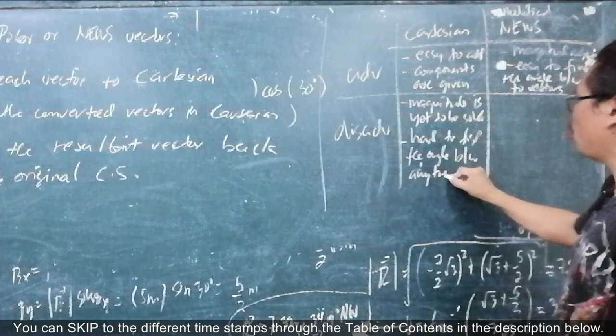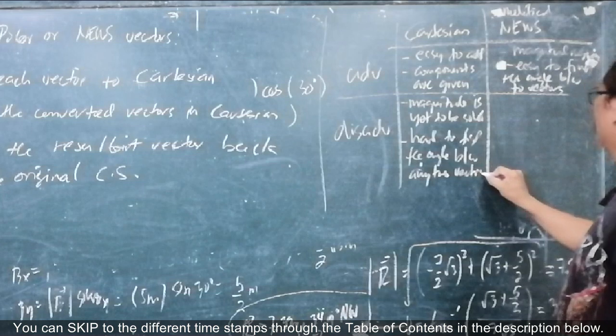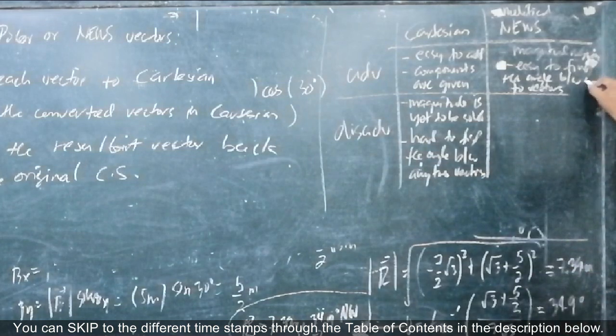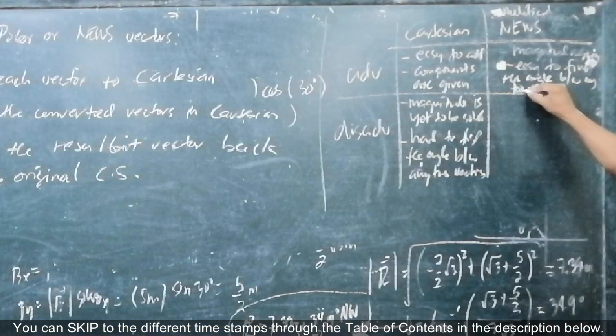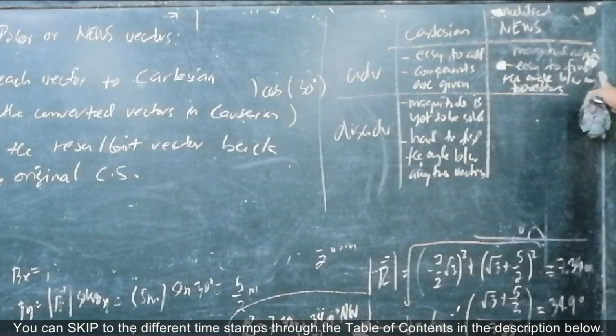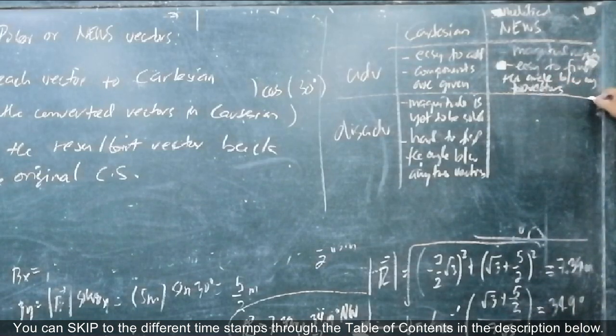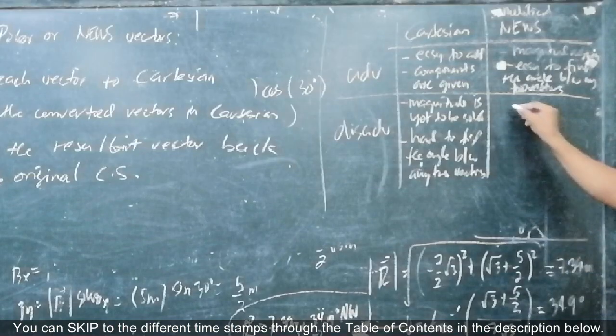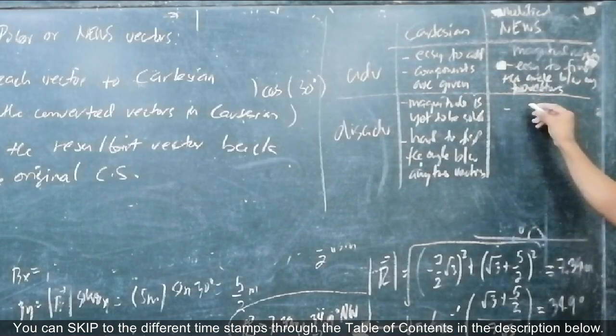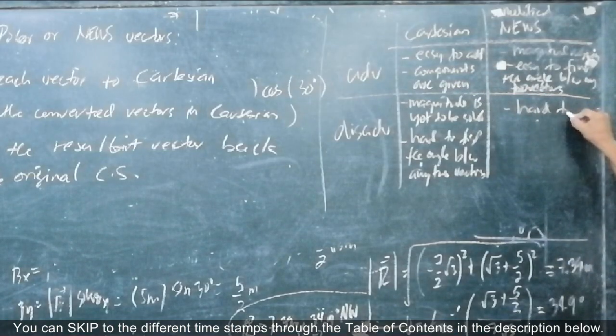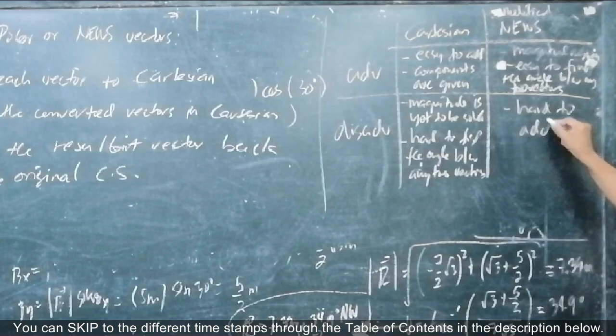Here, it is easy to find the angle. The disadvantage of the NEWS coordinate system is, of course, the advantage here. Hard to add.